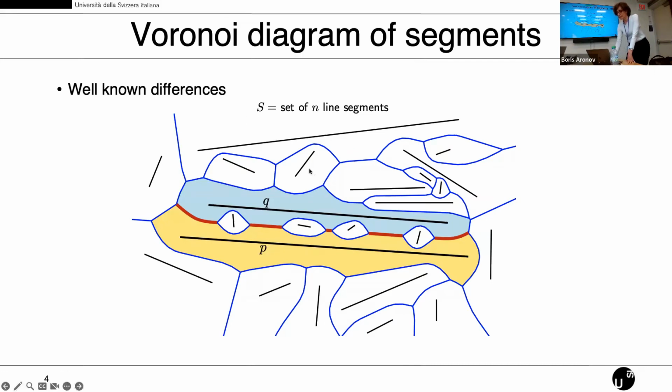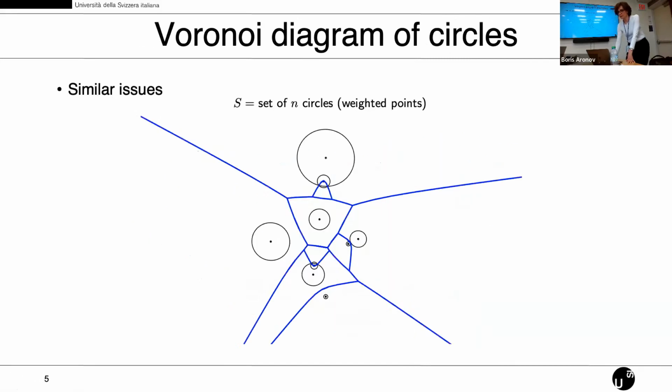More importantly, there can be multiple adjacencies between the Voronoi region of segment 2 and the Voronoi region of segment 3. You have the same kind of issues with the Voronoi diagram of circles. You can have multiple adjacencies between the Voronoi cells of 2 circles, like this one and this one. So you get similar issues.